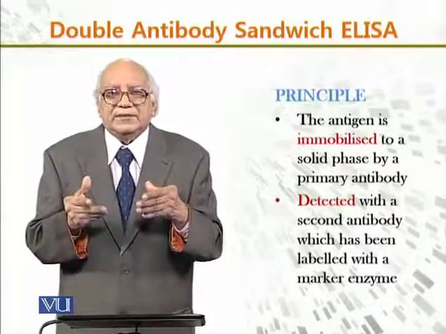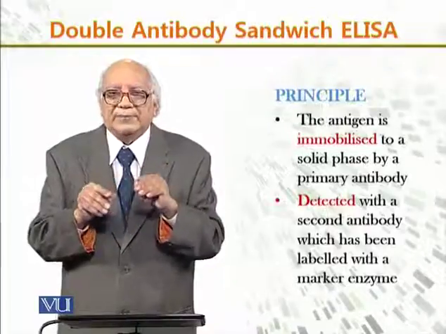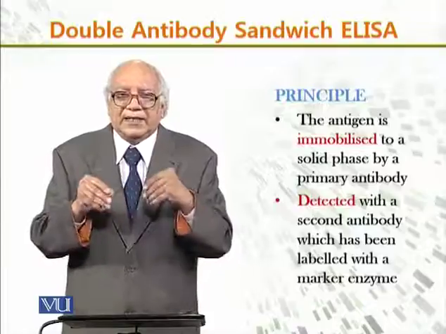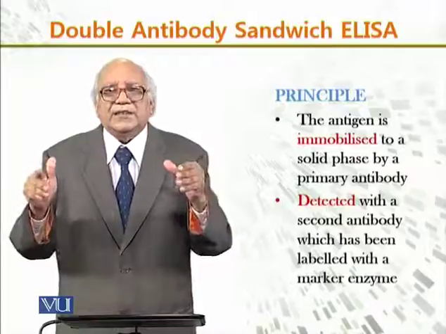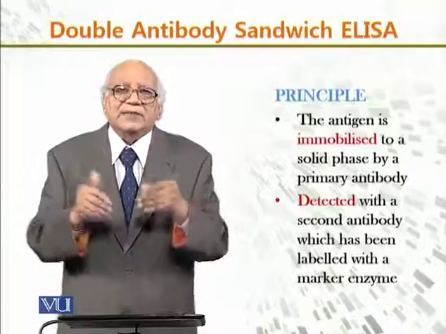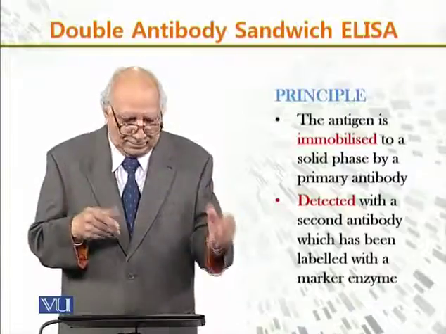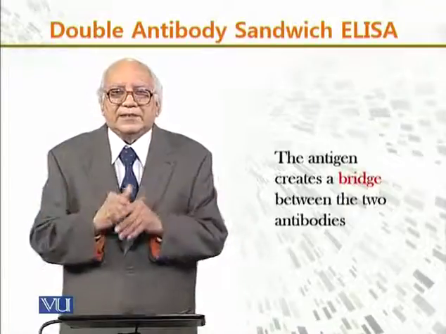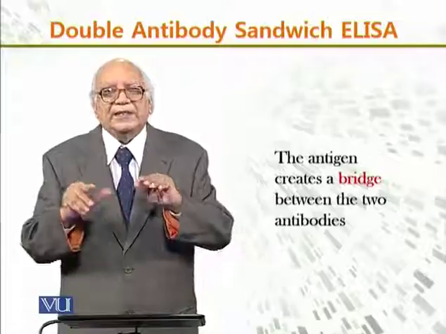So the antigen is immobilized to the solid phase by a primary antibody on the titer plate, then detected with a second antibody which has been labeled with a marker enzyme. As I said earlier, a marker enzyme is an enzyme which can indicate whether the substrate is present or not. Then the antigen creates a bridge between the two antibodies.